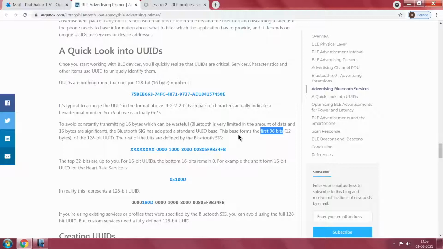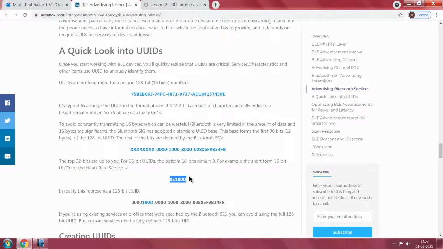So 12 bytes are already out there out of the 16 bytes. The rest of the bits are defined by the Bluetooth SIG, and the top 32 bits are up to you. For 16 bit UUIDs, the bottom 16 bits remain 0. For example, the short form 16 bit UUID for the heart rate service is this, it is mentioned here.